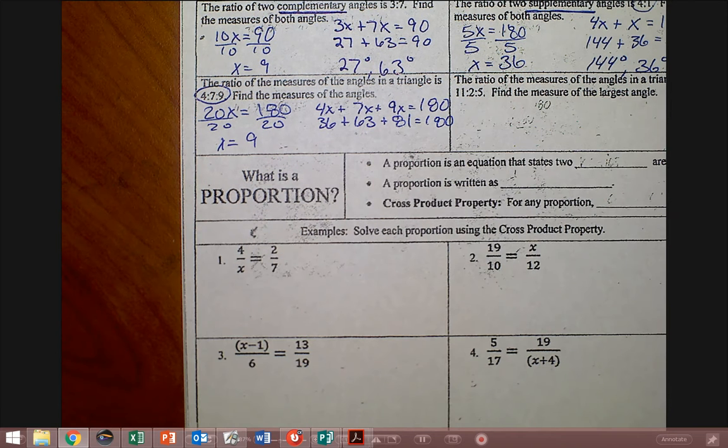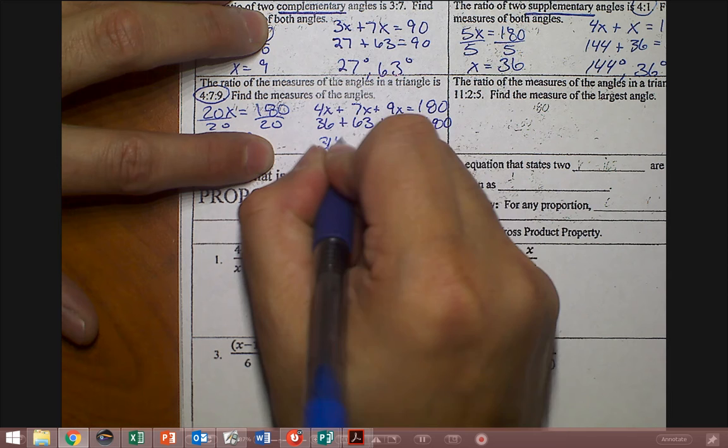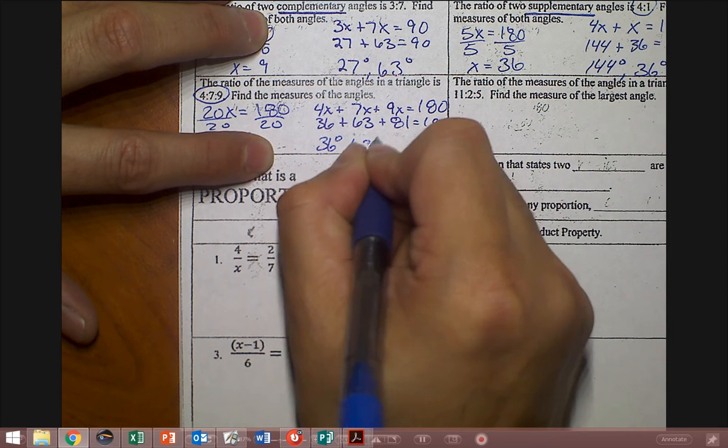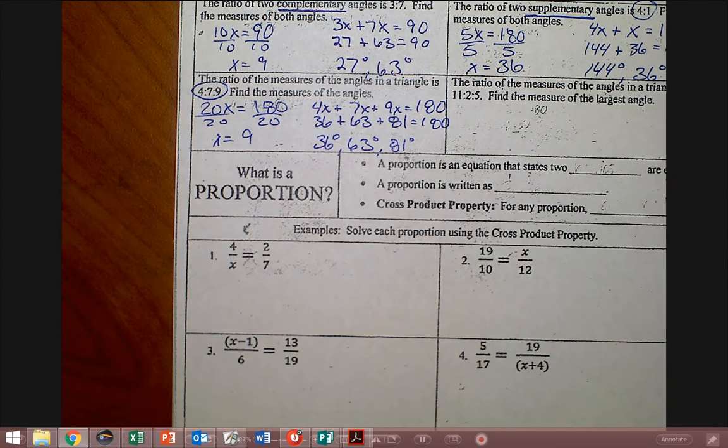And they will add up together. All of them will add up to 180. So that means that my angles are going to be correct. So it's going to be 36 degrees, 63 degrees, 81 degrees are my three angles.